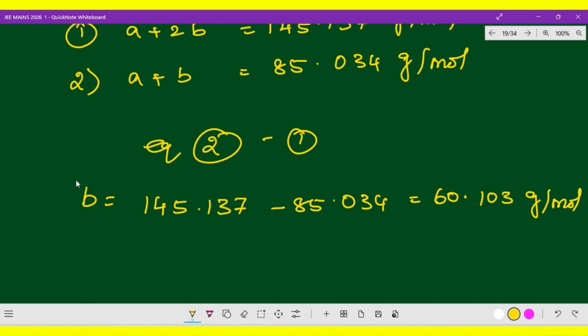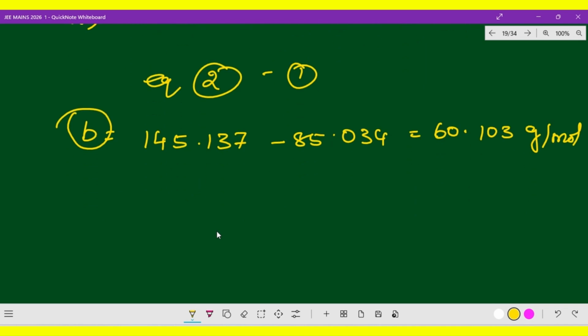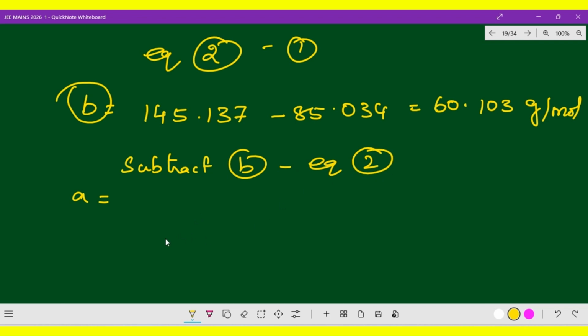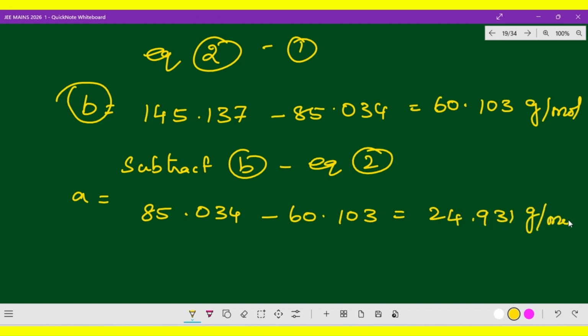Okay, that is B. Next one is A. Now we have to identify A, so subtract B from equation 2. So here 85.034 minus 60.103. So you'll be getting 24.931 gram per mole. Right.